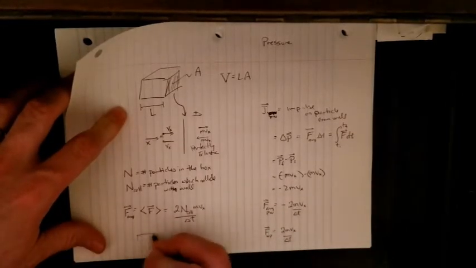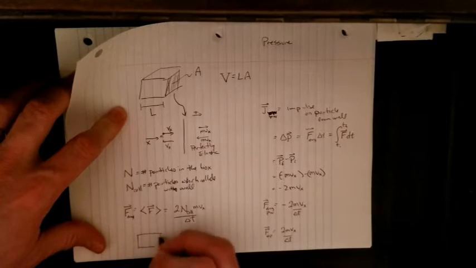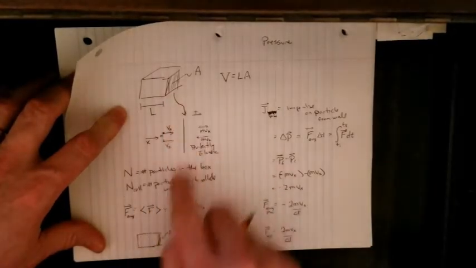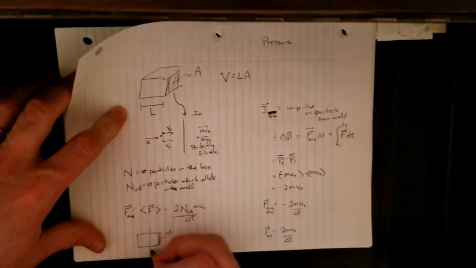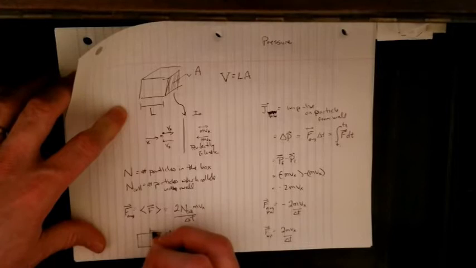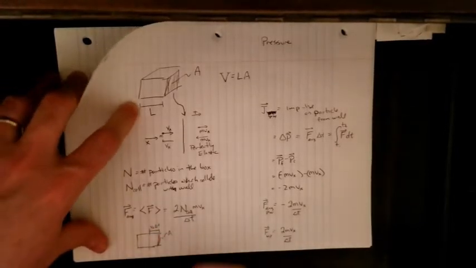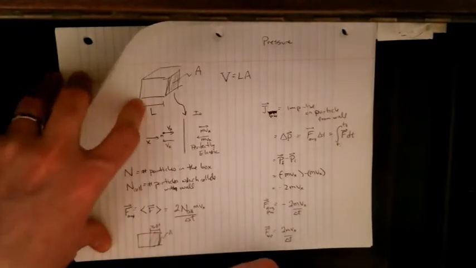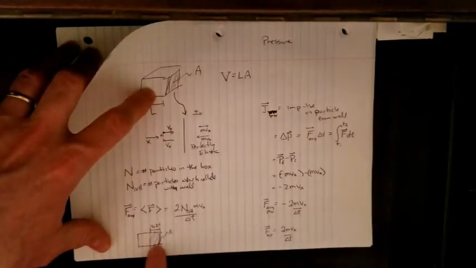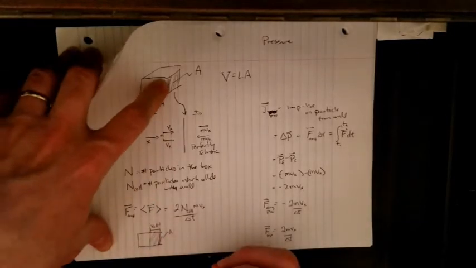Now we can narrow this down a little bit. I'm sort of looking at an overhead view of the box. So this is my wall right here. Within this time t, moving at speed v_x, only particles that are within v_x delta t can actually hit the wall. So the number that can collide has got to be somehow proportional to that versus the overall volume.